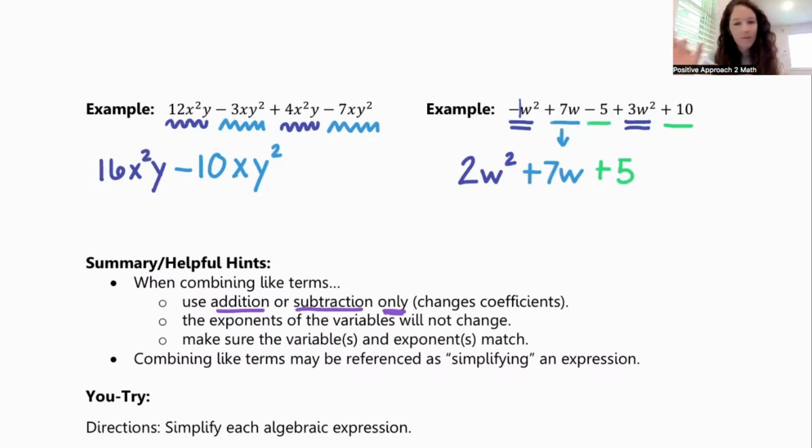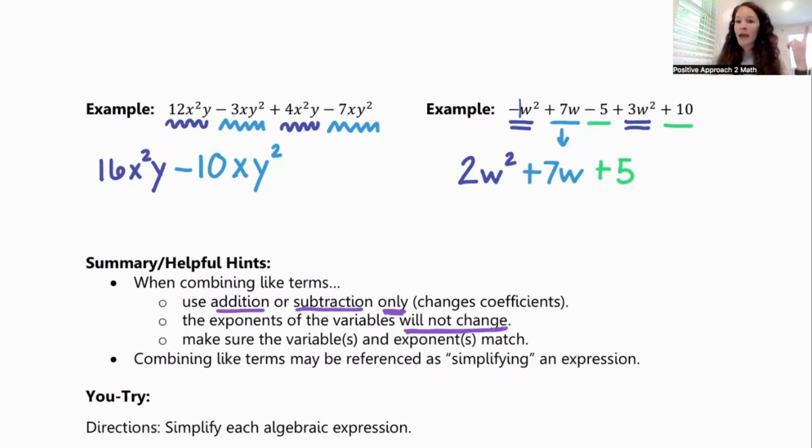You will never, ever, ever multiply or divide, okay? The exponents of the variable will not change. So think of that double stuffed Oreo. If I have 1 and you have 2, it doesn't change the stuffing of the Oreo. It just gives us 3 Oreos that are double stuffed, okay?